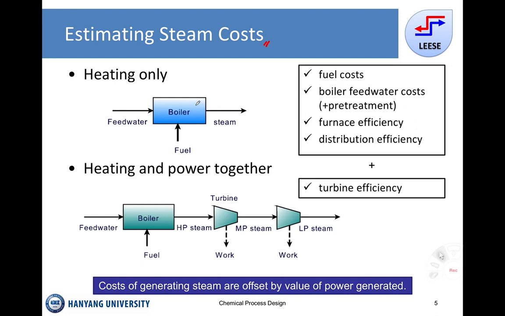The first case is heating only. The boiler is used, fuel is burned, feed water is supplied to the boiler, and we produce steam. We might produce very high pressure steam, high pressure steam, or just low pressure steam depending on the user after the steam is produced. Then how can you calculate the cost for this steam?